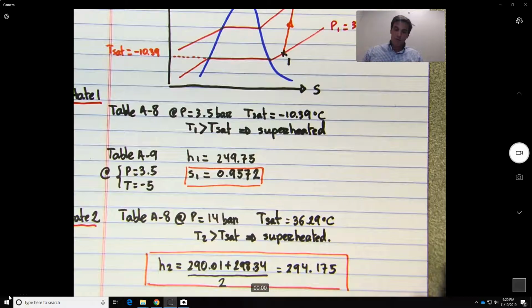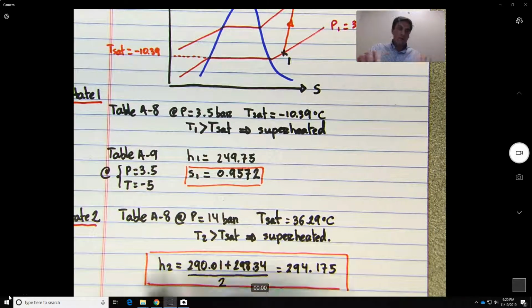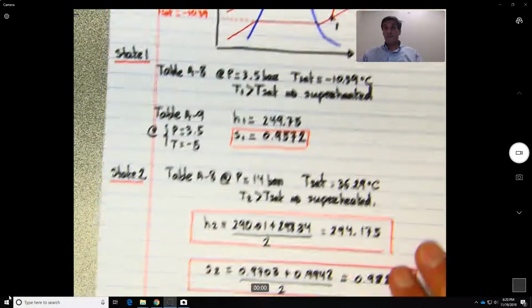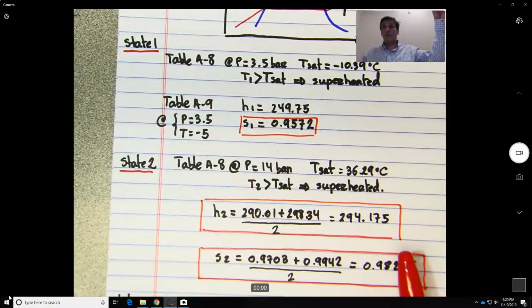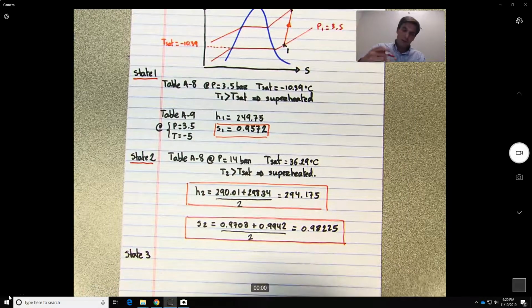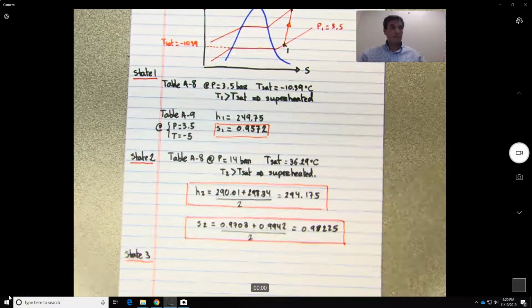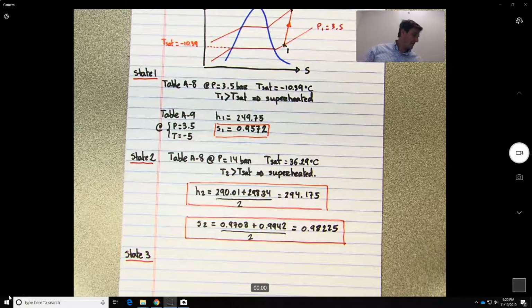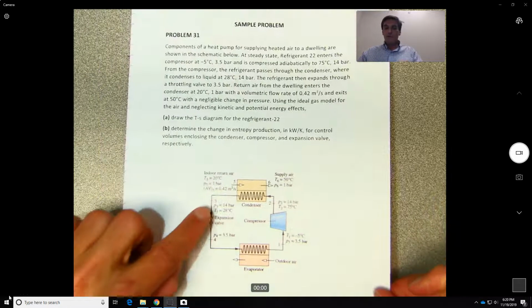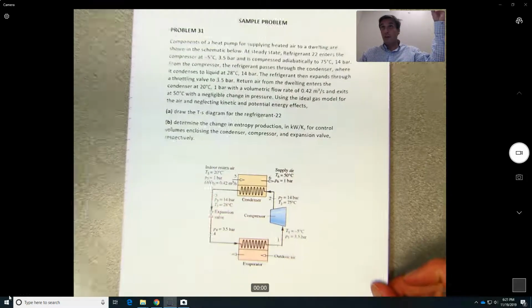All right, now let's go for state 3. Let me zoom out so you can see everything. Again, for state 3, we need to know two properties in order to define the state. Do we have two properties at point 3?